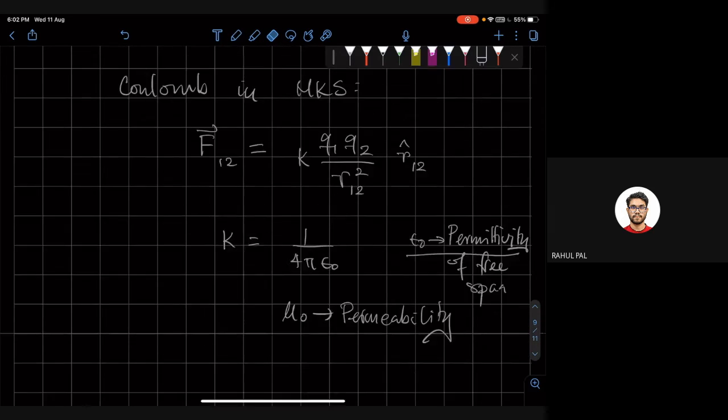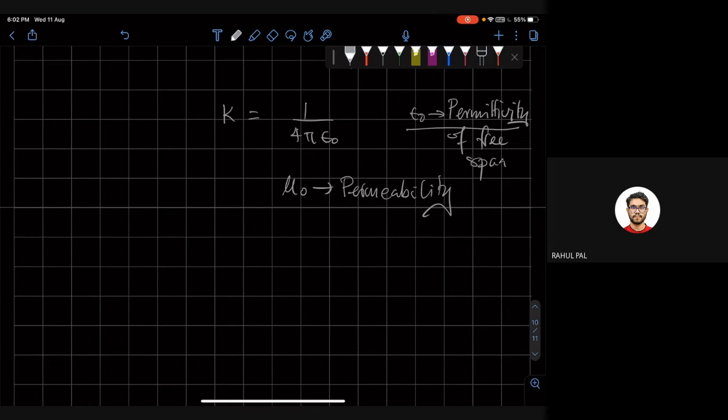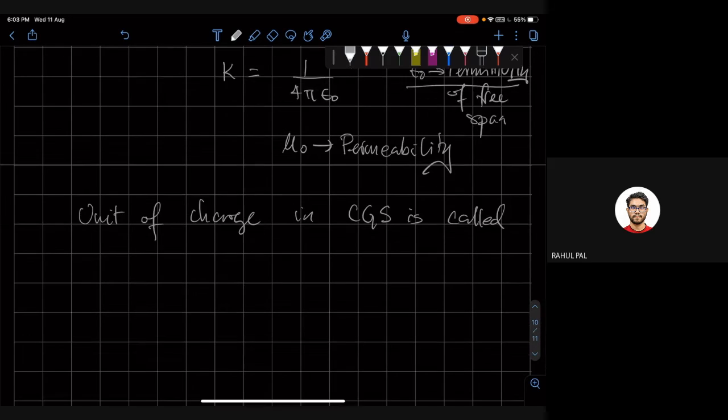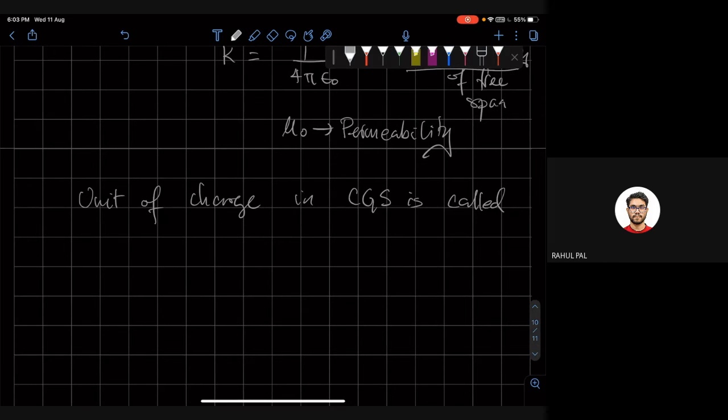And the unit of charge in CGS is called, Isa, do you know? This one? Yep. Is it electrostatic unit? There's a good reason why I'm asking you. Exactly, electrostatic unit.